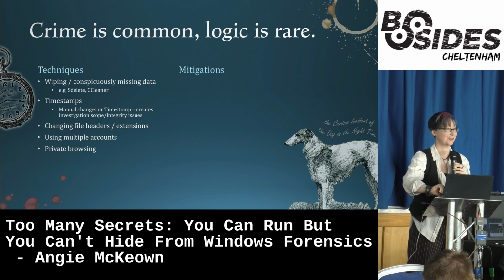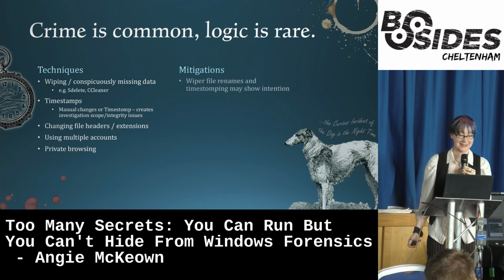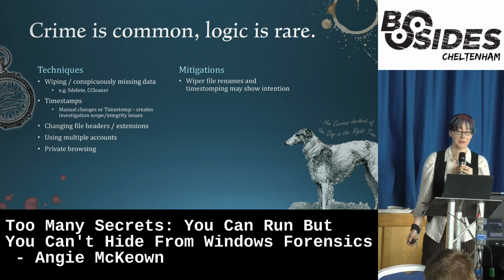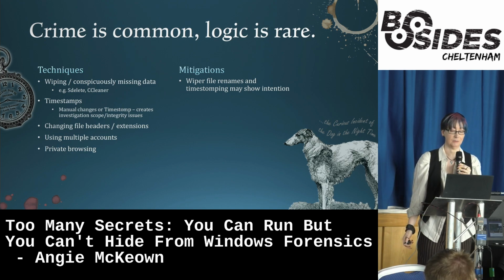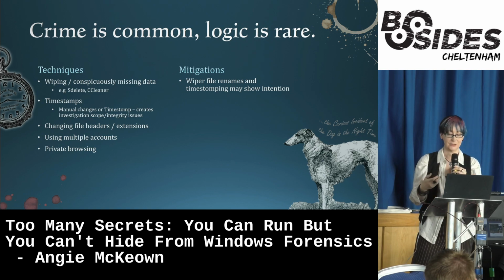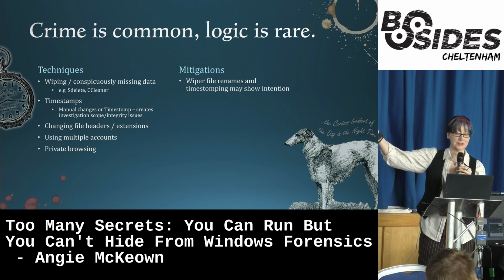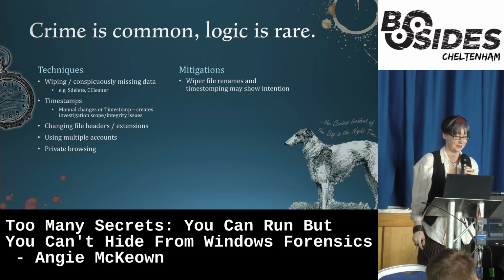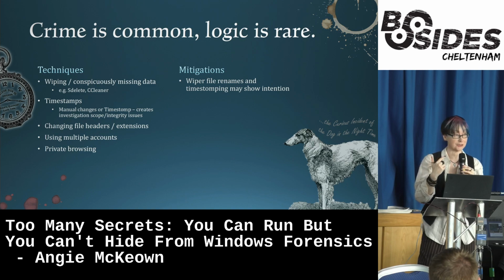However, there are some mitigations for these. We might suspect deleted data whenever expected alerts or other things are conspicuously missing. In that Sherlock Holmes story, there was no incident with the dog in the night time, and that was the clue, because it was expected to bark at strangers and it didn't.